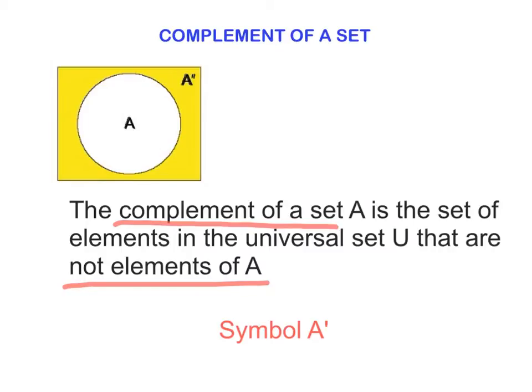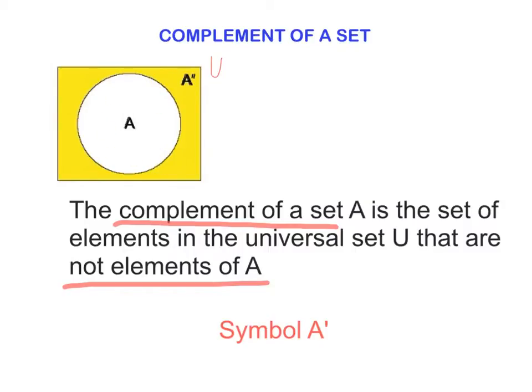And the next keyword for today is complement of a set A. The complement of a set A is the set of elements in the universal set U that are not elements of A. Look at the photo here, and you can see a universal set, and we have set A inside.